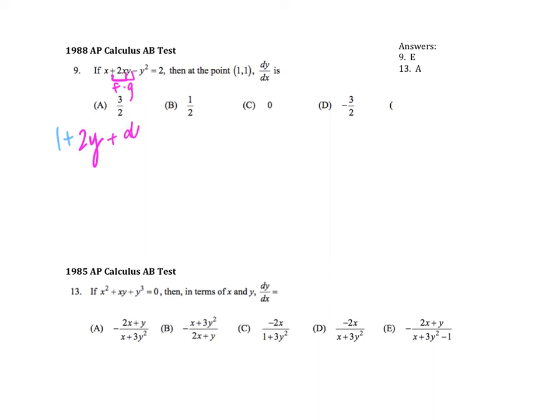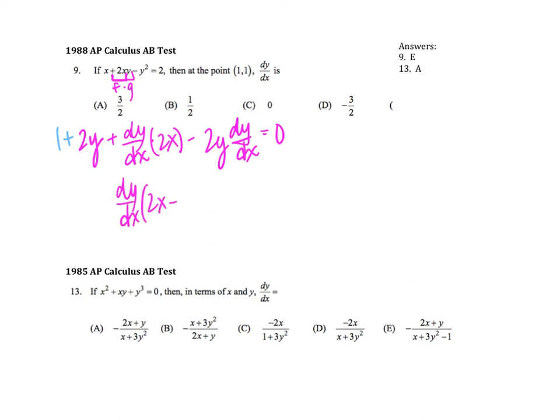And the derivative of g times my f function, minus the derivative of y squared, would be 2y dy dx. The derivative of 2 is 0. Factor out a dy dx. I'm going to go ahead and factor out, as well as move my 1 and my 2y over, leaving me with a dy dx of negative 1 minus 2y over 2x minus 2y.